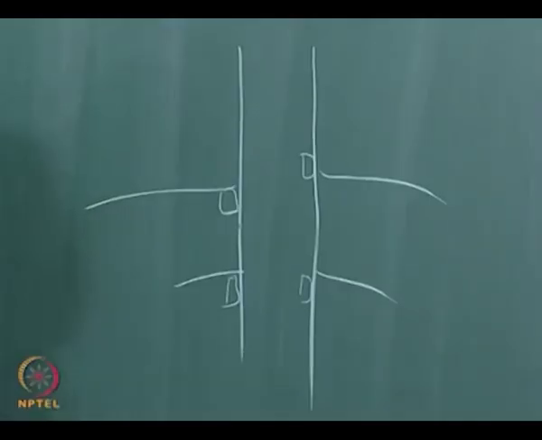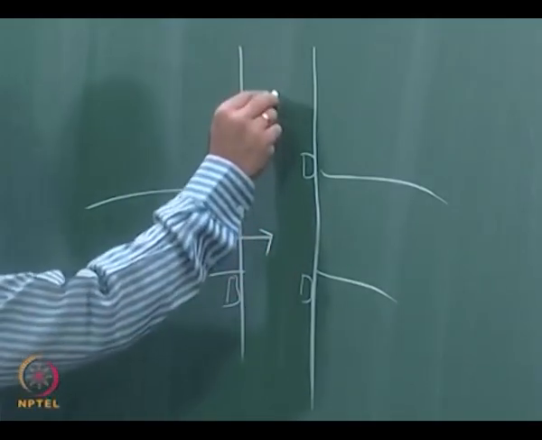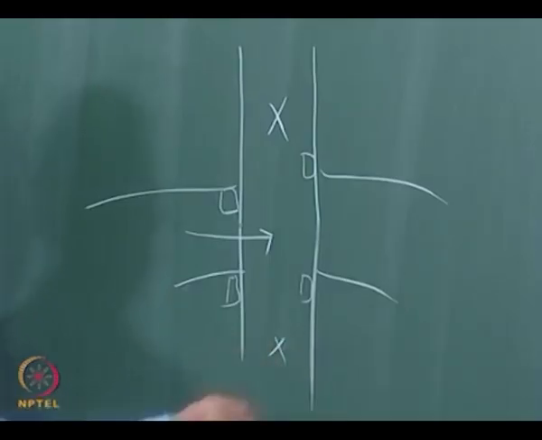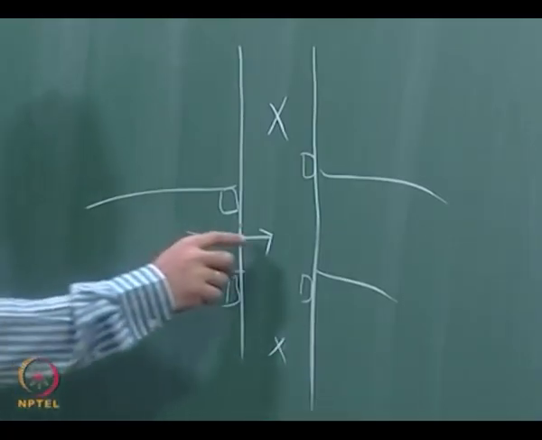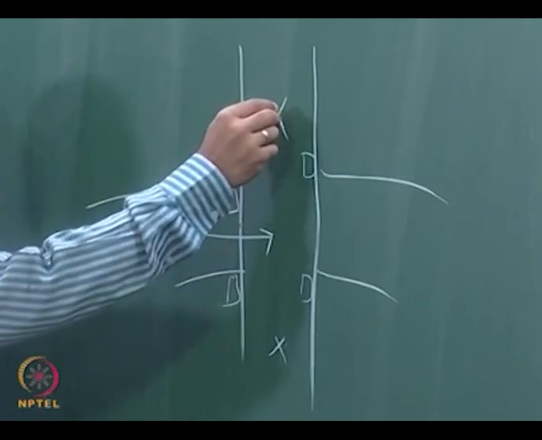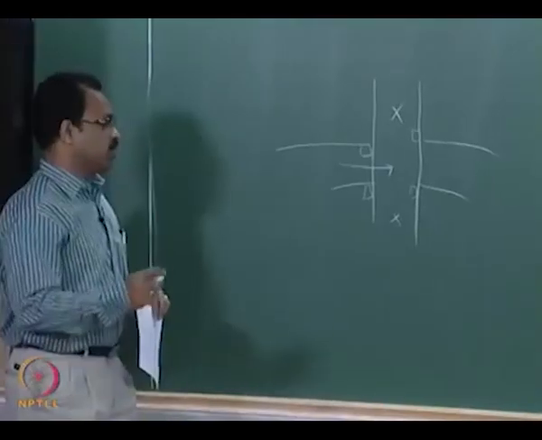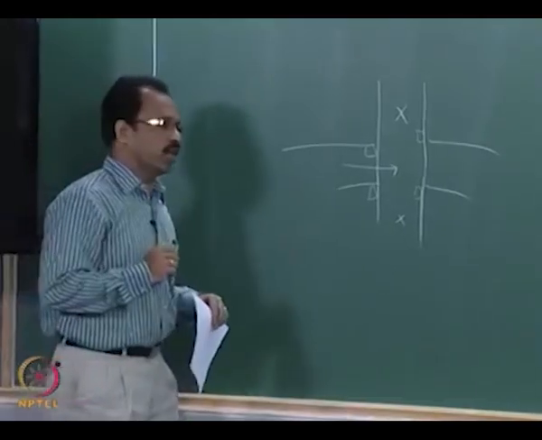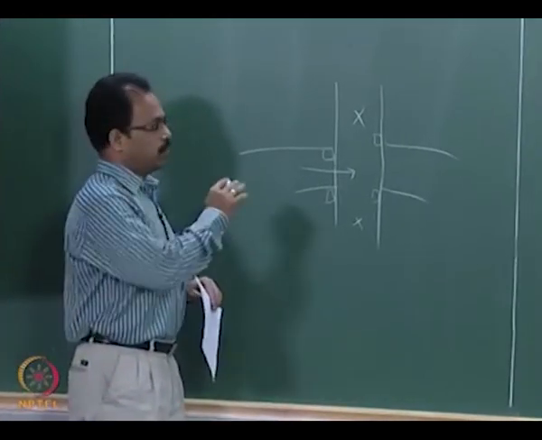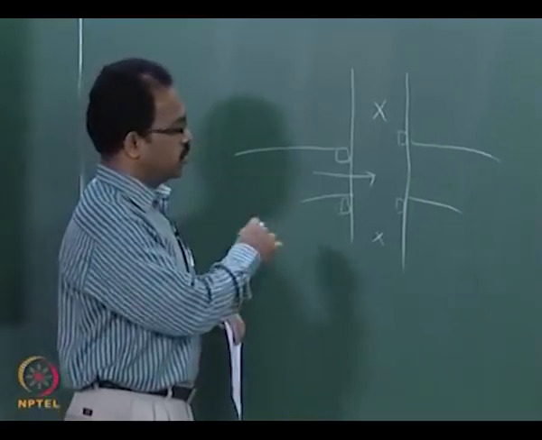These signals need to be synchronized, because if there is a green signal here, then there should always be a red signal on both sides, and when this should change, this red should not change to green unless this green has changed to red. So this kind of concurrency and synchronization needs to be brought into the system, and we need to test that synchronization and concurrency using transitions.